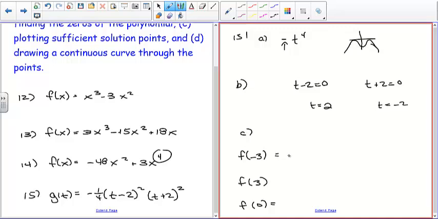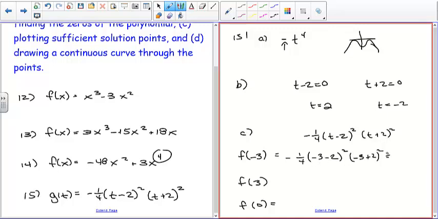Okay, so the function is -1/4 times (t minus 2) squared times (t plus 2) squared. So I get -1/4 times (-3 minus 2) squared times (-3 plus 2) squared.